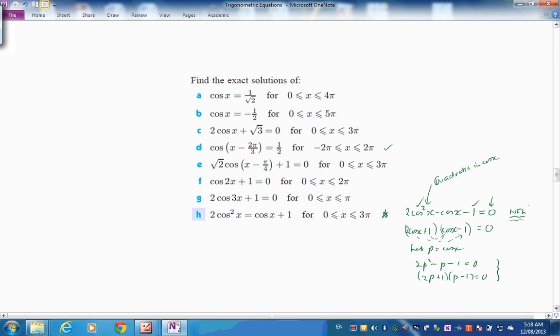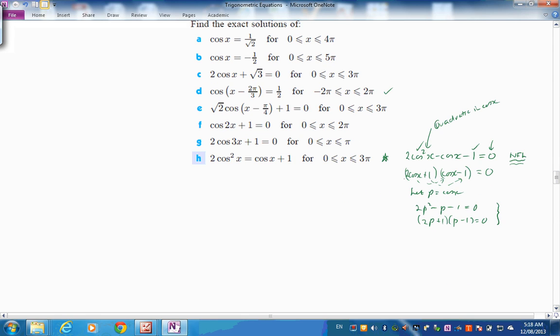Okay, think about that. How would we solve this then, done either way? Well, from here we'd say 2 cos x plus 1 is 0, or cos x take 1 is 0, and go on from there. There'd be two separate trig equations when we get those isolated by themselves.